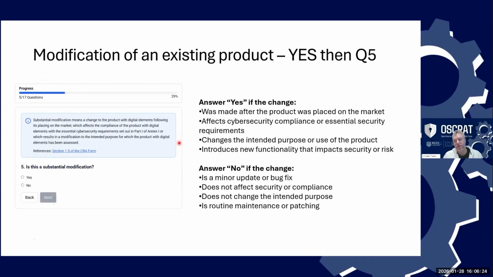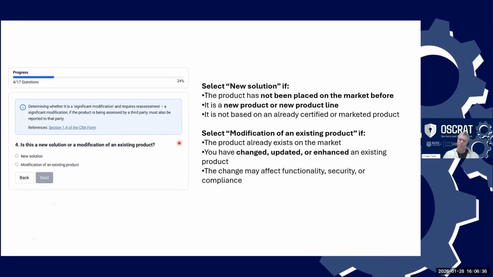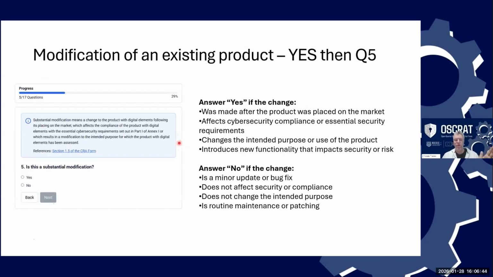So if you answer yes, then you're moving to question number 5. Question number 5 really asks you to be honest, because here you can be flexible. You're not cheating, but interpretations are possible.